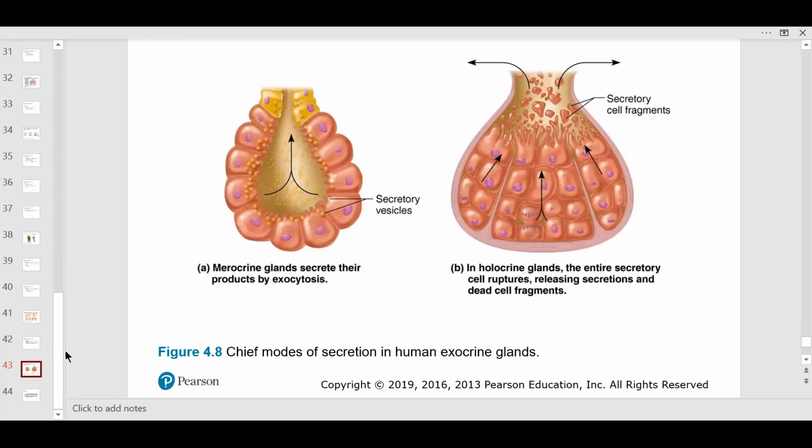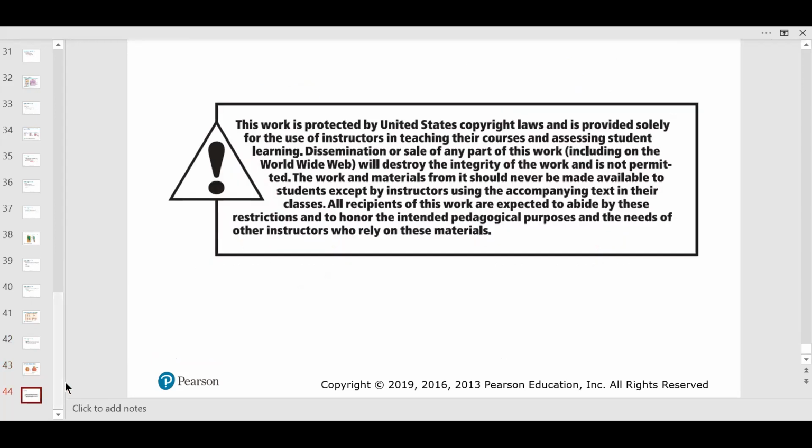So some of the fragments actually break up and go out in holocrine glands, like part of a sebaceous gland, that oily substance, and these get infected. A sebaceous gland gets infected from your skin, right? You've seen that, then it gives you something like acne, and a lot of pus and all kinds of things happen, and blackheads usually have to do with the skin follicles and the sebaceous glands.